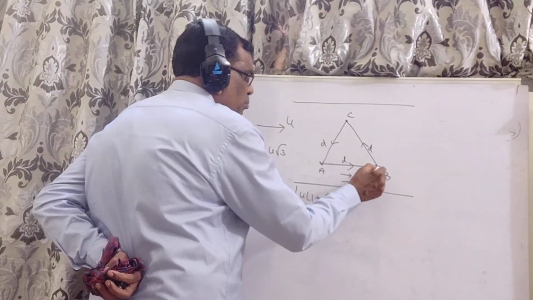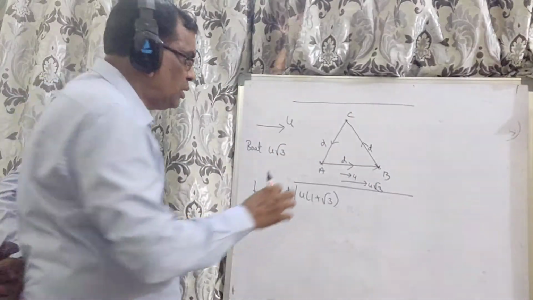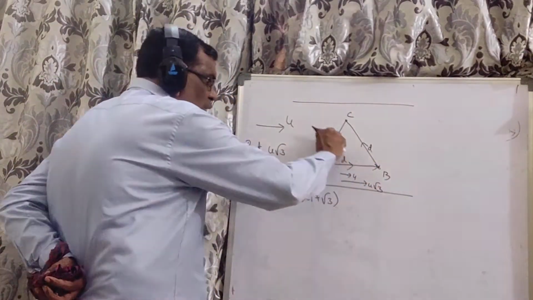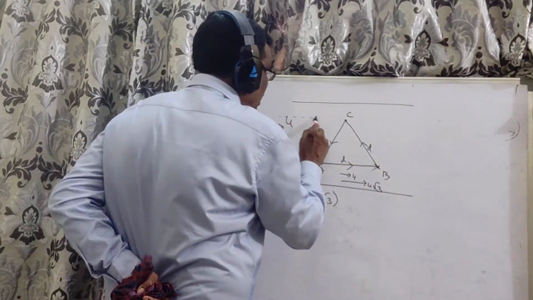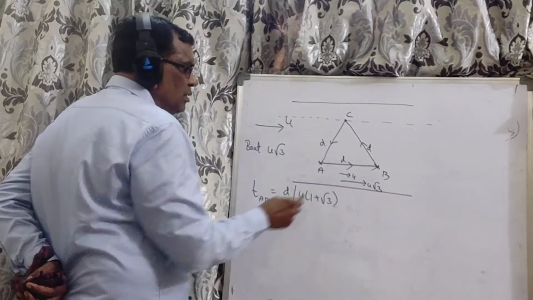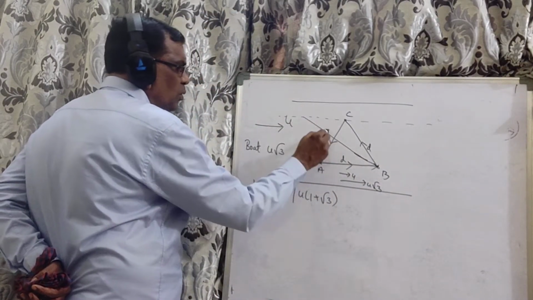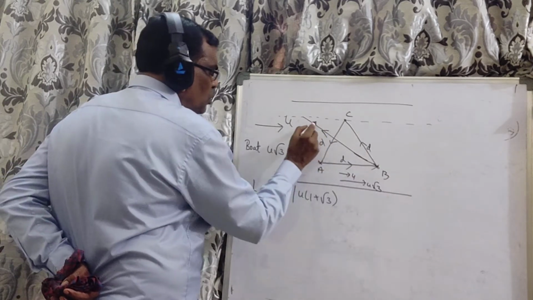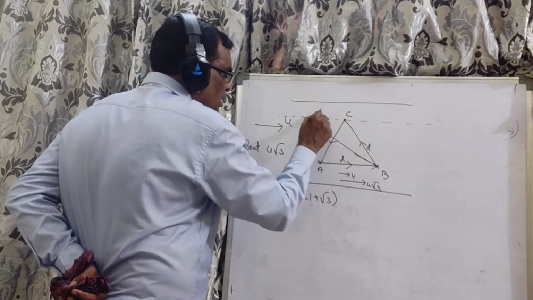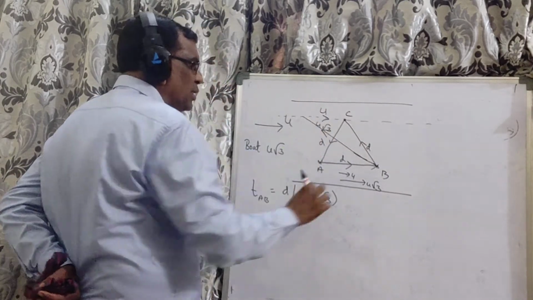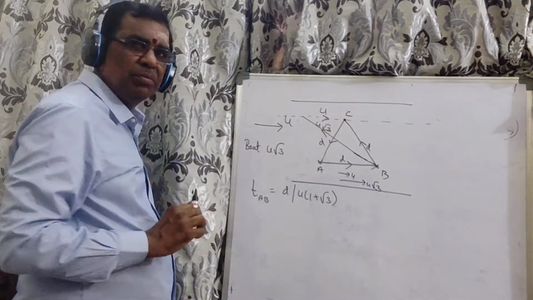Now look, this has come here, it has to reach C. See, unless it goes like this, it can't be drifted back to this. So first of all, we draw a parallel line here, and your u root 3 is like this, such that this is u, this is brought back. That means what? So likewise, it has come.